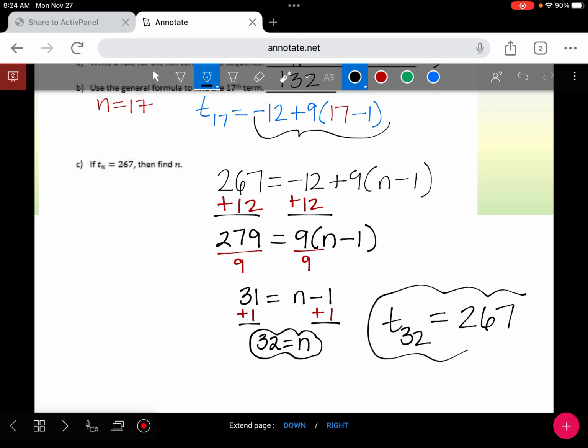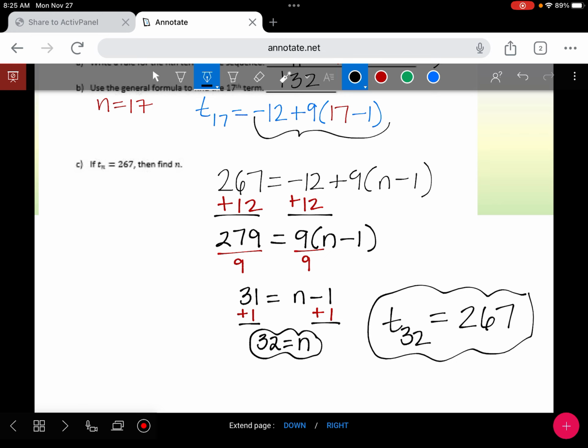That's what we just figured out. We just figured out that the 32nd term in this arithmetic sequence, which starts at -12 and you're adding 9, is 267. If I start off at -12 and I add 9 31 more times, I'll be at 267.